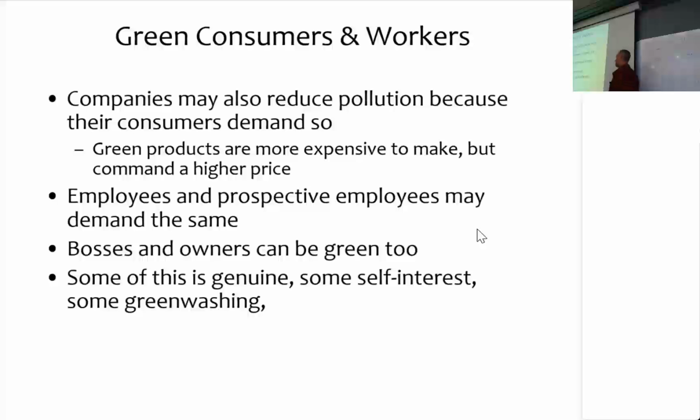So this is another reason why companies want to be green, even if there's no environmental legislation, right? And we've seen revolts in recent times at some companies, not at others.